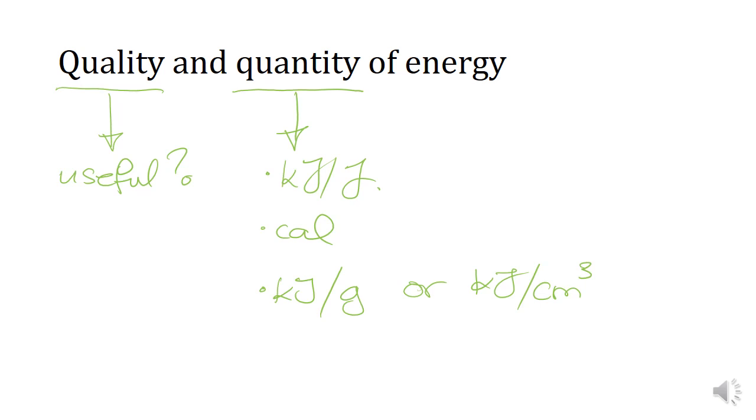So how much energy do I have for the amount of fuel that I need to transport? So something that's super high in energy but takes up a lot of room isn't as useful for something that maybe has slightly less energy but is much more transportable. Okay, let's continue on.